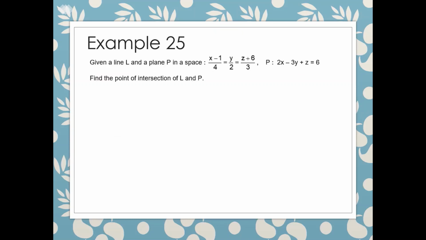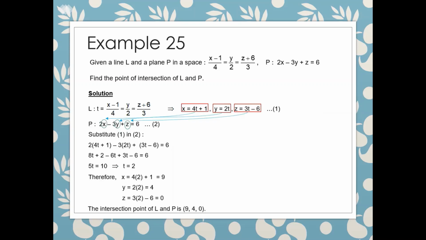Refer to example 25. You need to find the intersection point between a line and a plane. To obtain the intersection point between a line and a plane, first you need to make sure that the equation of the line is in the parametric form. Then, substitute the x, the y, and the z terms accordingly into the equation of plane and simplify, you will obtain t equal to 2.